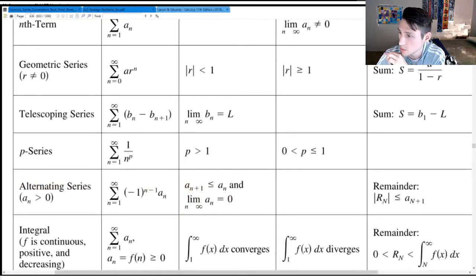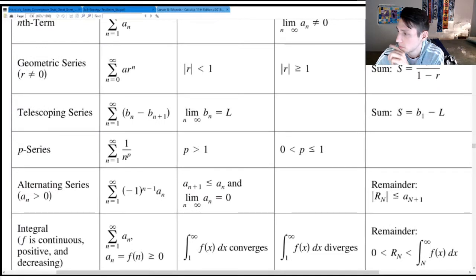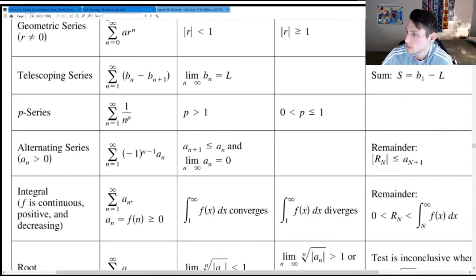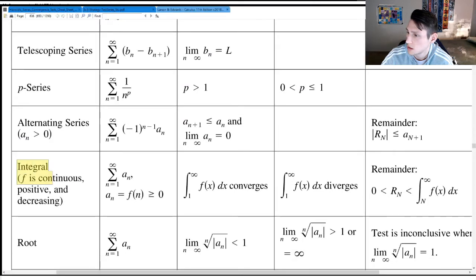This is one of the series where we have to have certain conditions met. Sorry, it's not listed in there, but this is also one of the conditions, that the sequence has to be always positive. Okay, sequence positive, sequence is decreasing, the limit equals 0.